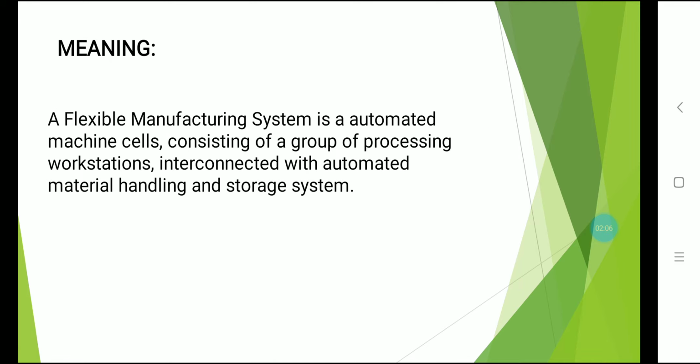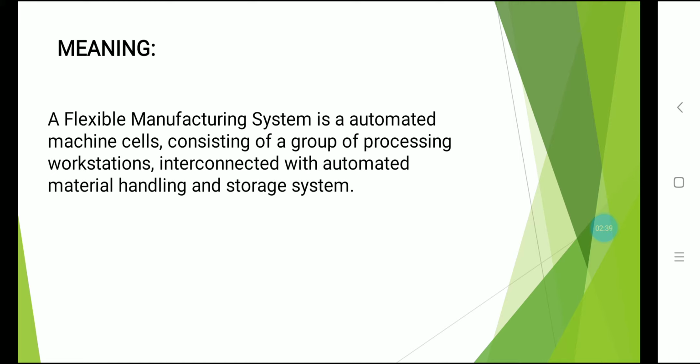Meaning of flexible manufacturing system. It is an automated machine cell consisting of a group of processing workstations. It means producing the product or machineries in a group of processing workstations of the manufacturing company. It is interconnected with material handling and the storage system.